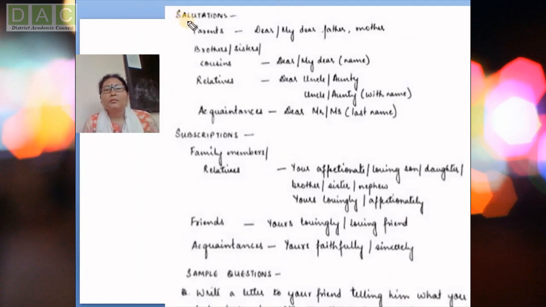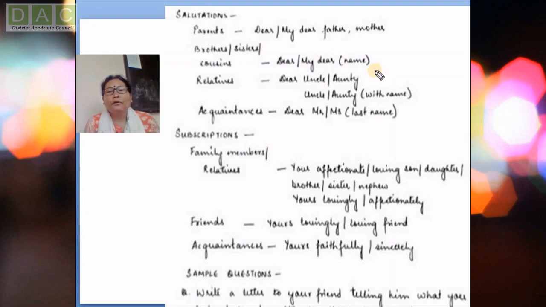Now comes the meaning of salutation. If we are writing a letter to our parents, then we'll be saluting them by writing dear or my dear father or my dear mother. For brothers and sisters or cousins, we write dear brother, dear sister, or we can write dear, my dear with a name.